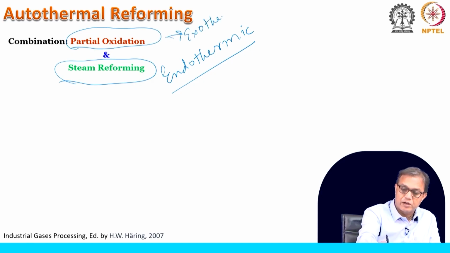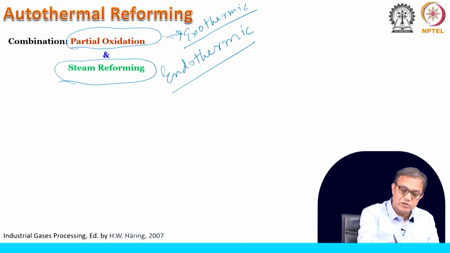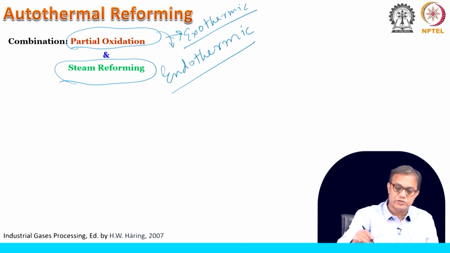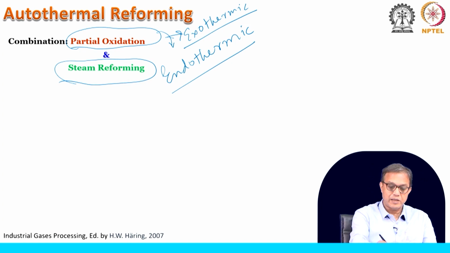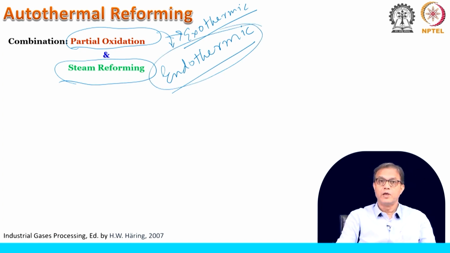So, we are trying to combine this exothermic and endothermic reaction. Initially the partial oxidation will generate the heat, and that will be used for steam reforming, and that is what is called the autothermal reforming process.